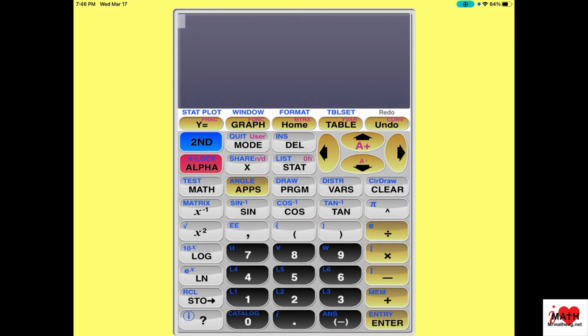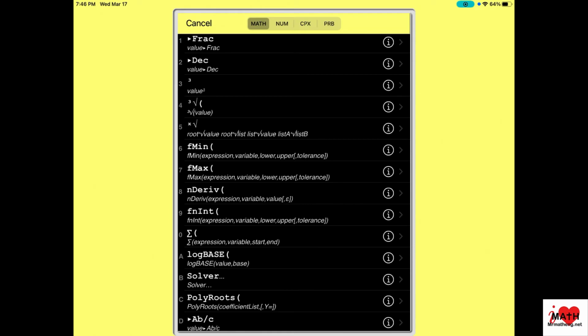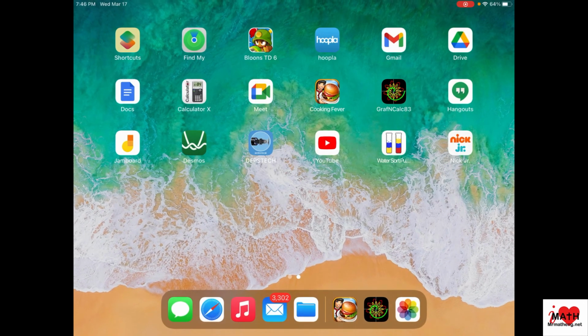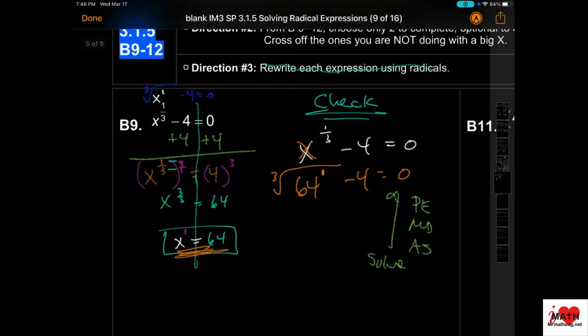Math, number 4. And we said 64, and then press right, and then enter, that is 4, right? And the opposite, or inverse of that, is 4 to the 3rd power, which is 64. So 4 minus 4 equals 0. So 64 is our answer for B9.